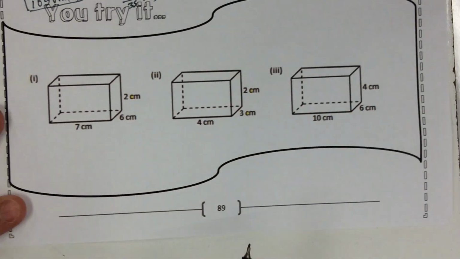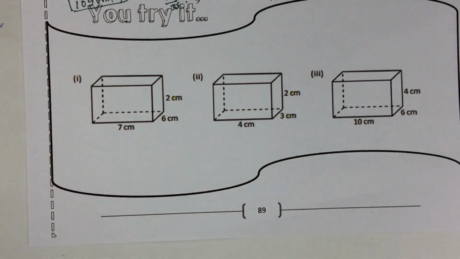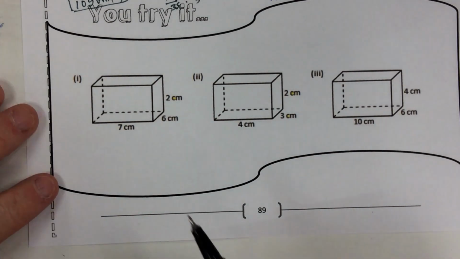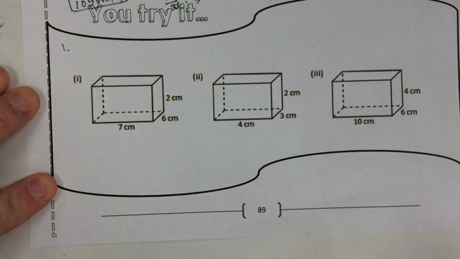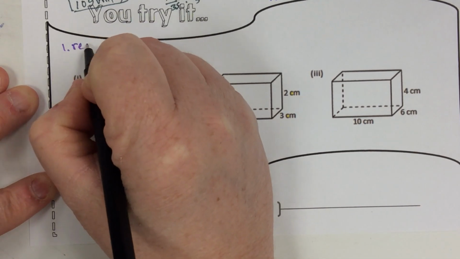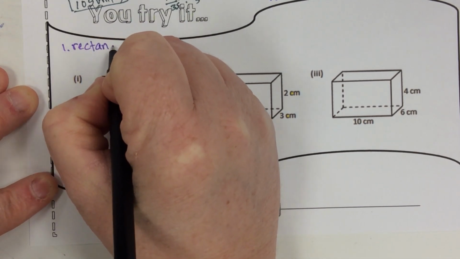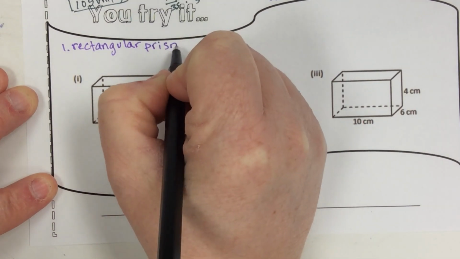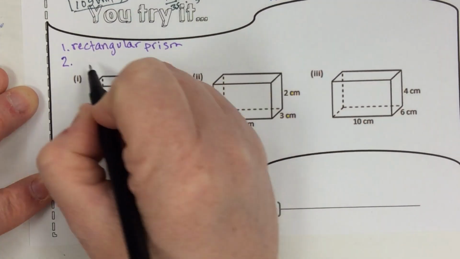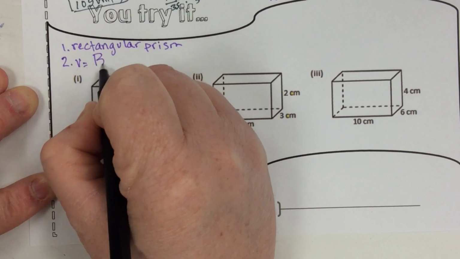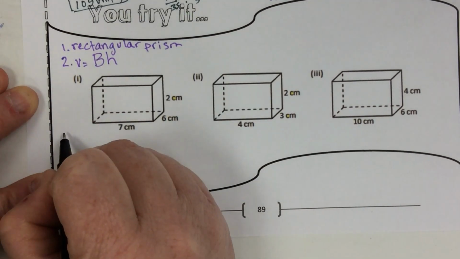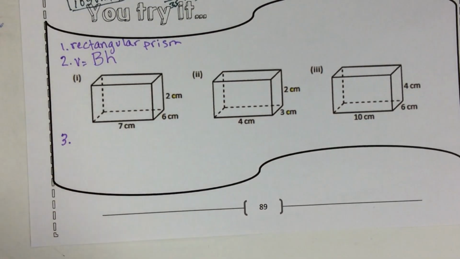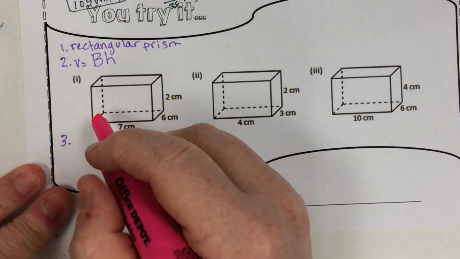Okay, so when you see problems like this at the bottom, every single time, what I want to see you do is step 1, we name the shape every time. This is a rectangular prism. Step 2, my formula is always volume equals big B times H. Step 3 is substitute. Now I'm going to shade in my base real fast here.